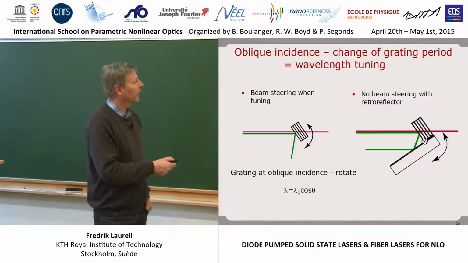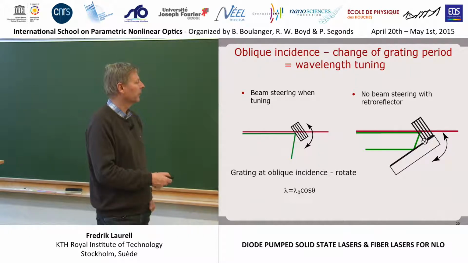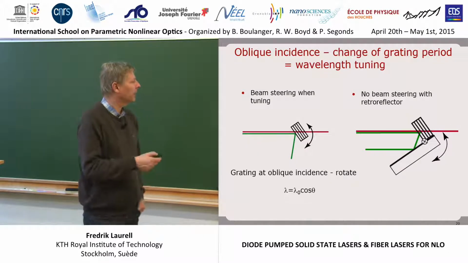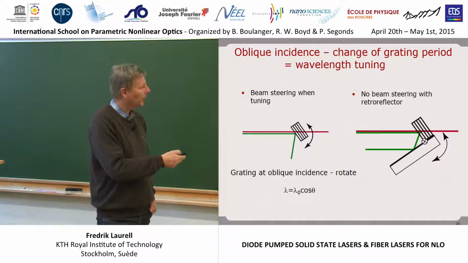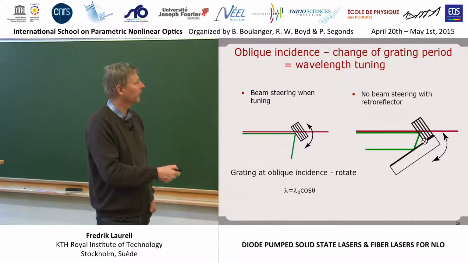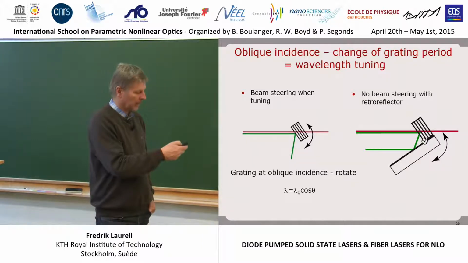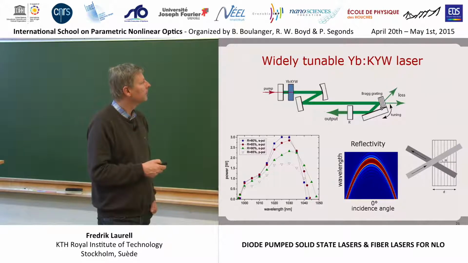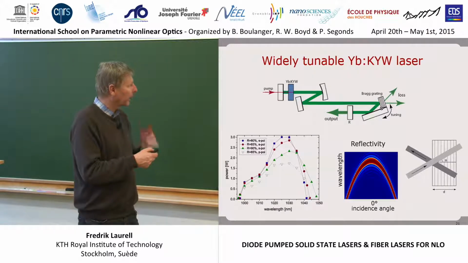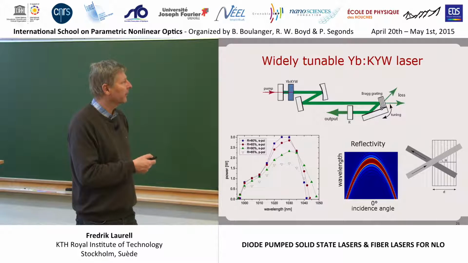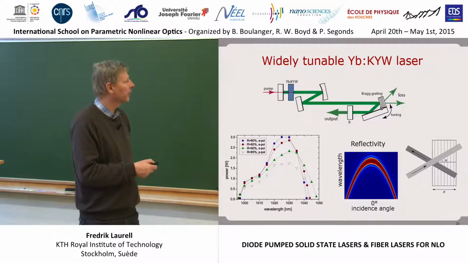And then, of course, the effective grating pitch changes with the refractive index and angle of incidence. So here is an example of one such laser where we utilized ytterbium, a very simple laser. Just rotate it here.